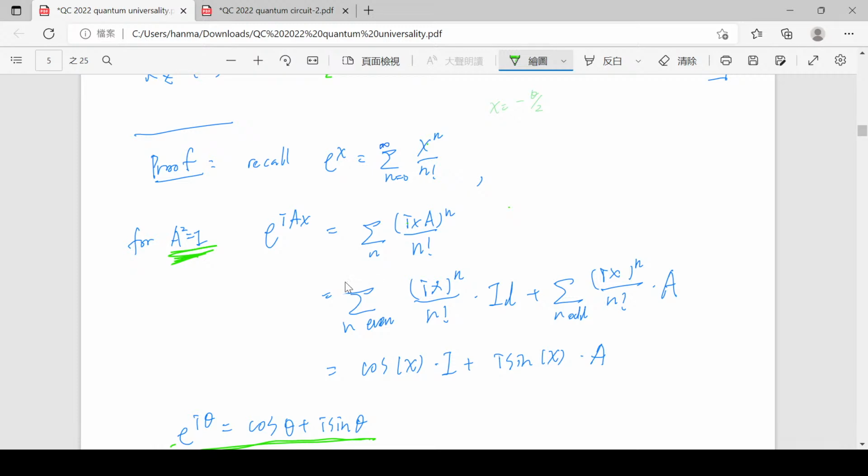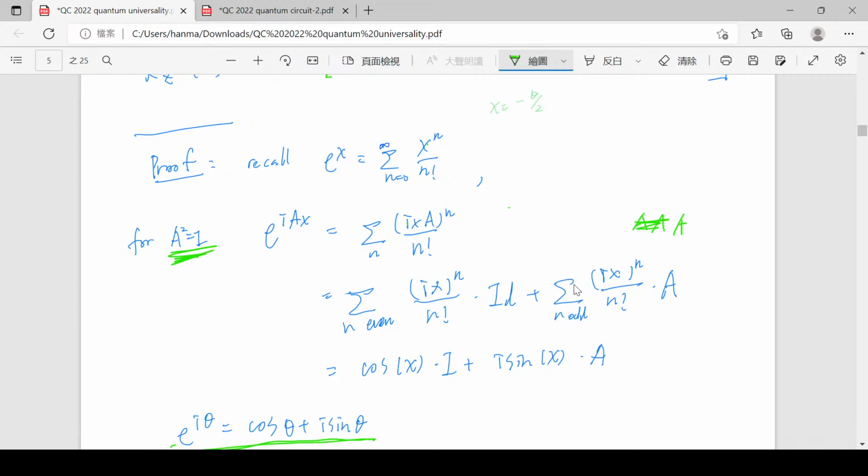Right? So those are even terms, and odd terms. The numbers are similar if you just write in symbols, but here you have an odd number of A. So maybe you have A, and 2 A's basically cancel each other because A squared is identity. So you are always going to be left with 1 A here.